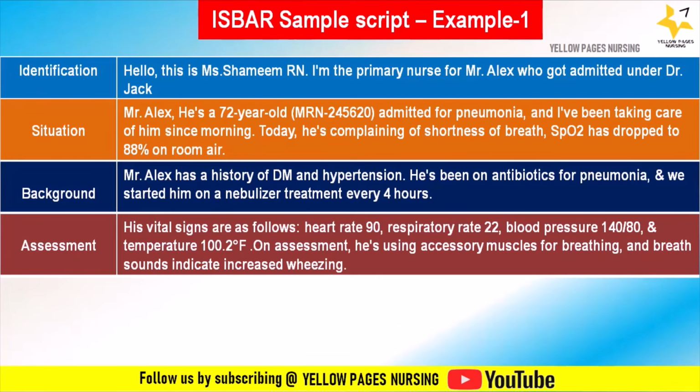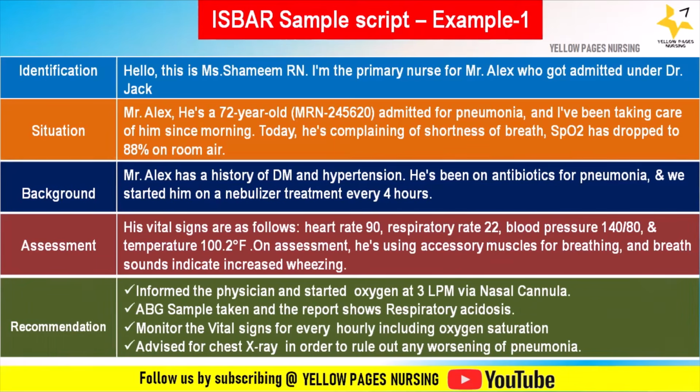His vital signs are as follows. Heart rate is 90 beats per minute. Respiratory rate is 22 breaths per minute. Blood pressure is 140/80 mmHg and temperature is 100.2 degrees Fahrenheit. On assessment, he is using accessory muscles for breathing and breath sounds indicate increased wheezing.